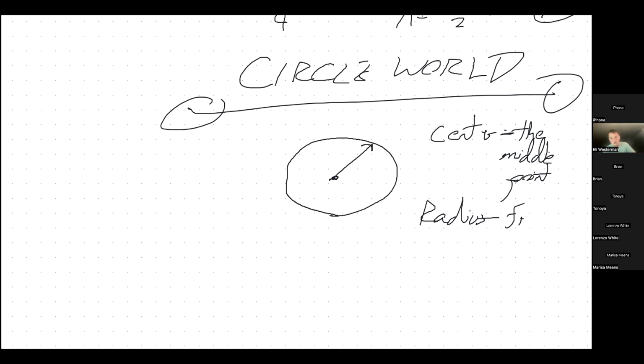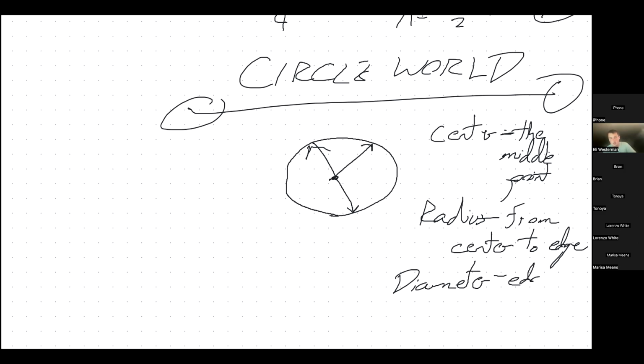The radius is from center to edge. Then we can also have the diameter. Diameter is edge to edge through the middle.